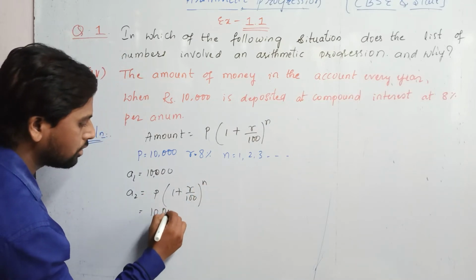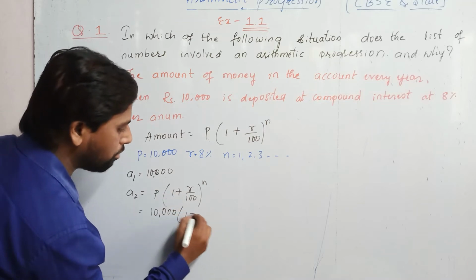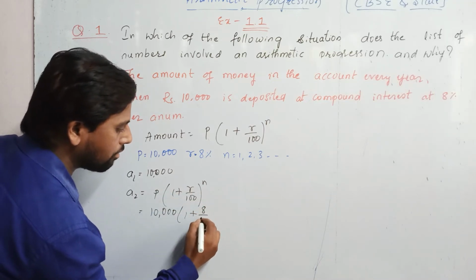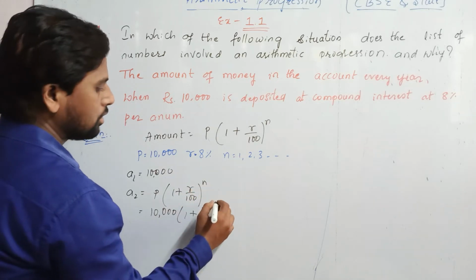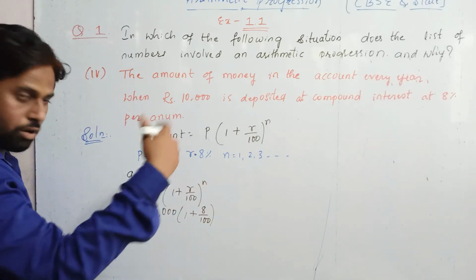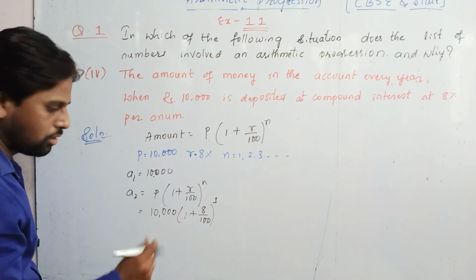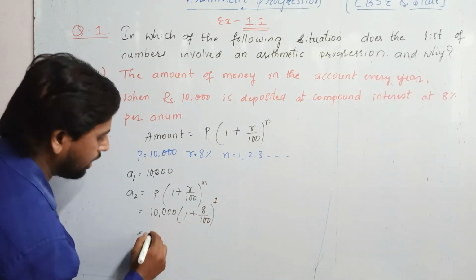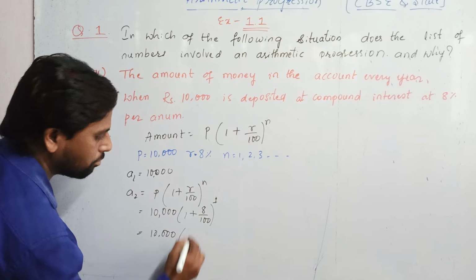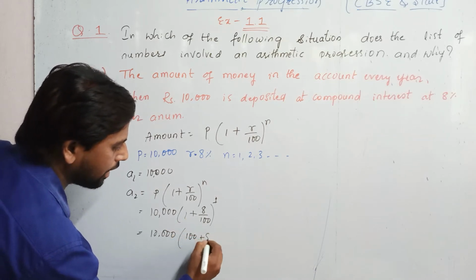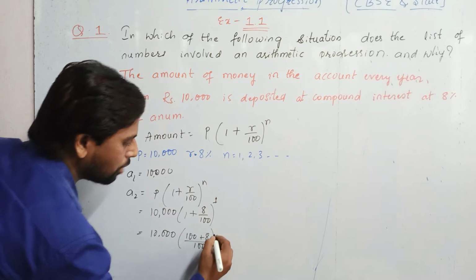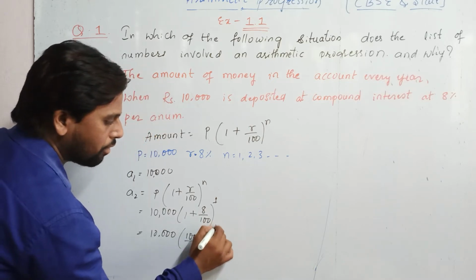Here 10,000 bracket 1 plus R is how much, 8 divided by 100 to the power how much, for first year it will be 1. Okay, so now 10,000 as it is, you write bracket, so if you find the LCM, it will be 100 plus 8 divided by 100 to the power 1.